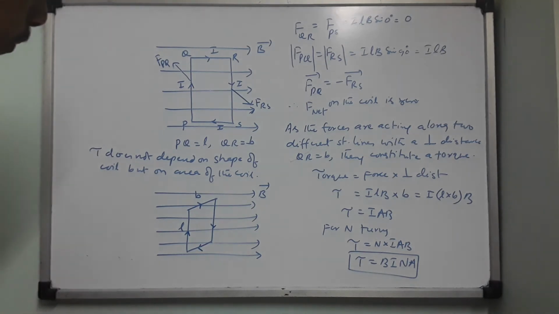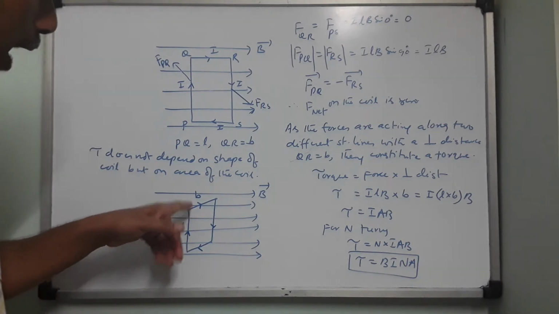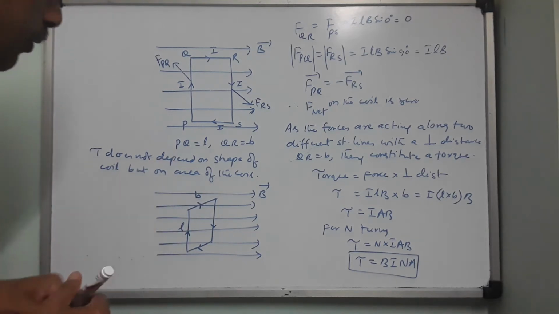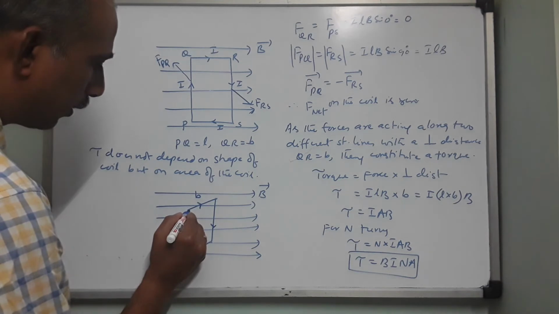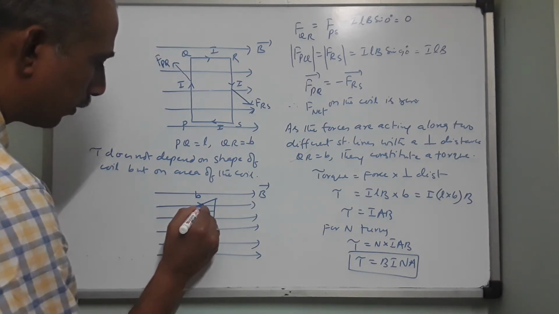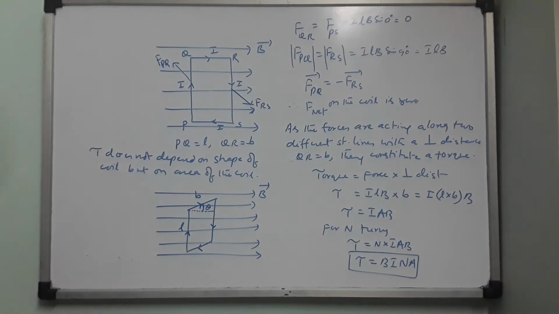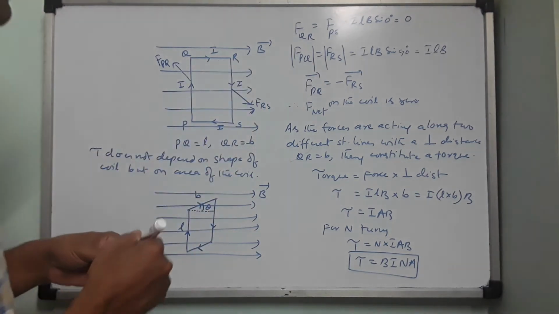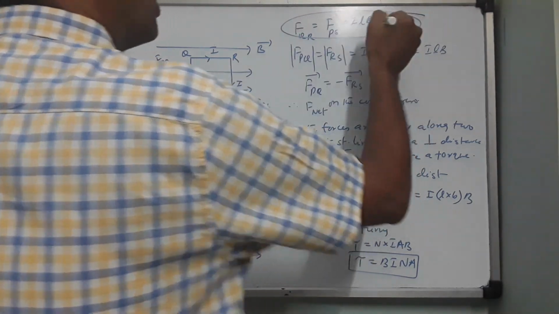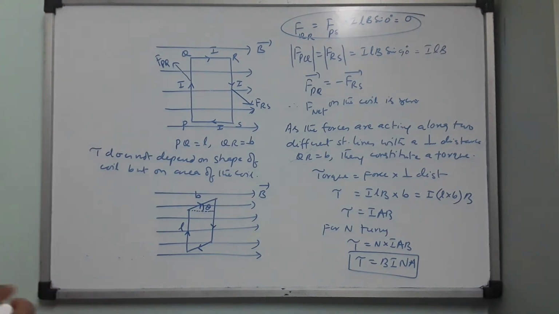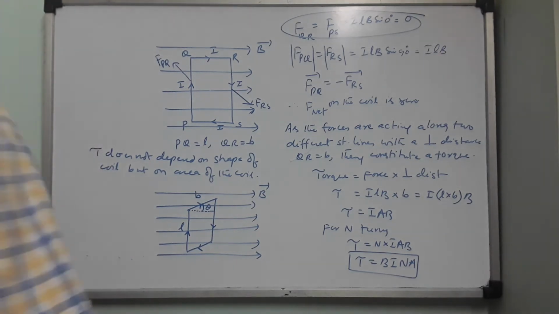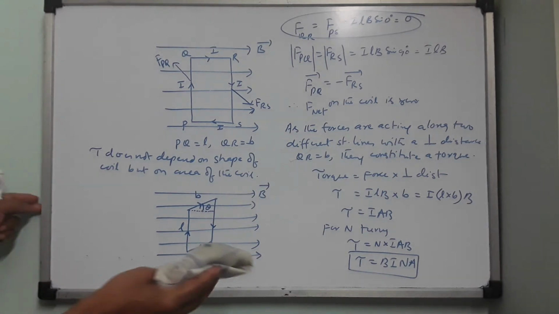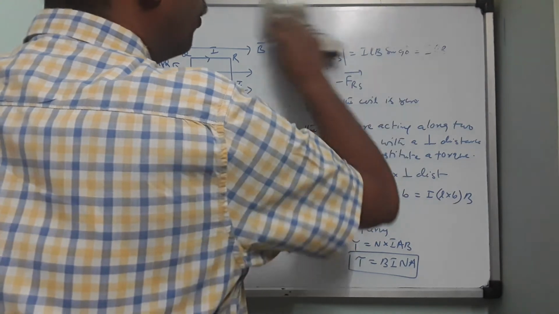Now as usual, what will happen? The angle between the current and the field. If you take this angle as theta, the current makes an angle theta with the field. Therefore in this equation you cannot substitute 0. Now, the force on this, I will remove.